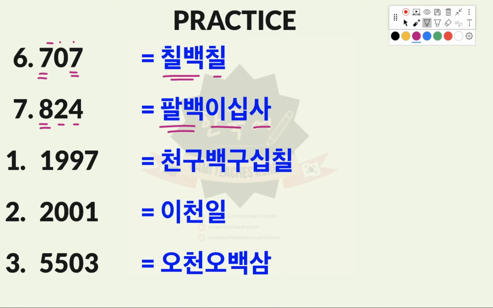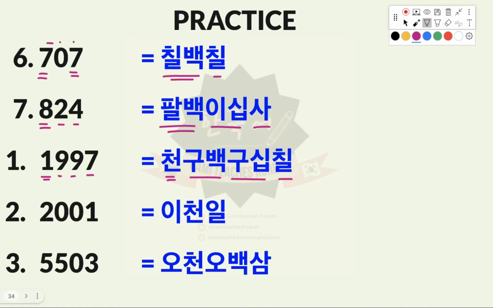So, 1,000, we start with the largest number, 1,000. Ayan. So, 1,000 po. Next, 900, 900. 90, 90. And 7, 7. 1997.